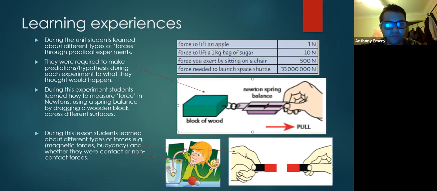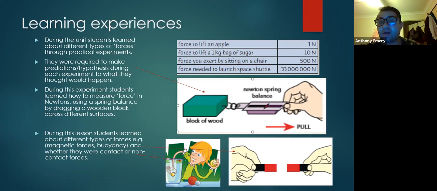During these experiments, they were required to make predictions and hypotheses about each experiment, what they thought would happen. So they're measuring forces in newtons using the spring balance and the wooden block.